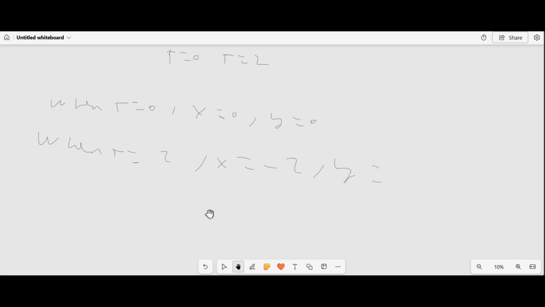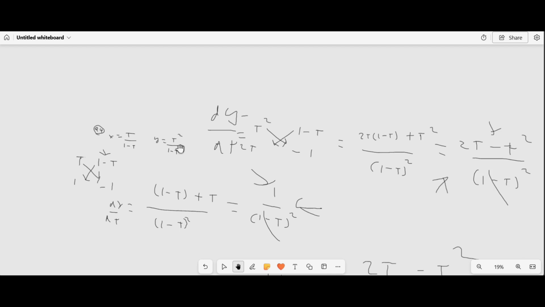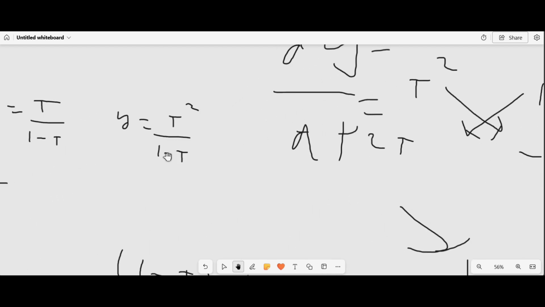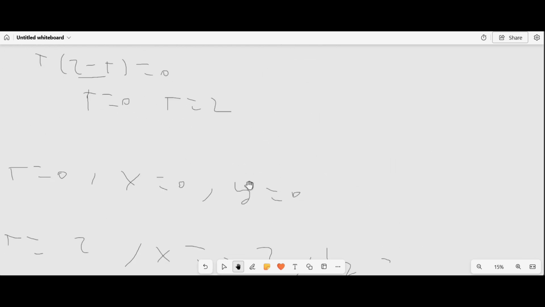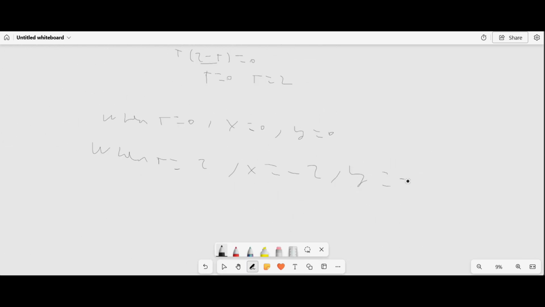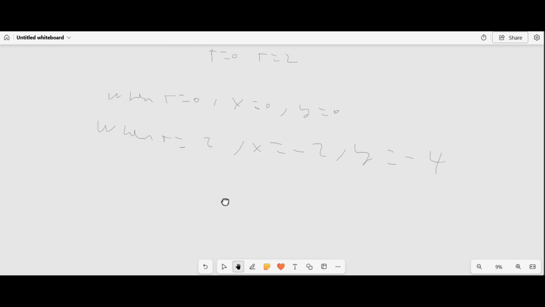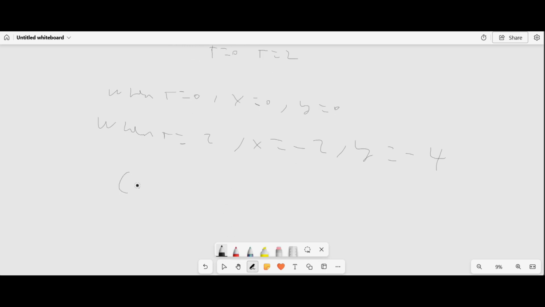Now y, again, put 2 into this one. So 2 squared is 4, and then 1 minus 2 is minus that, so that's -4. So the stationary points here are 0, 0, and -2, -4.